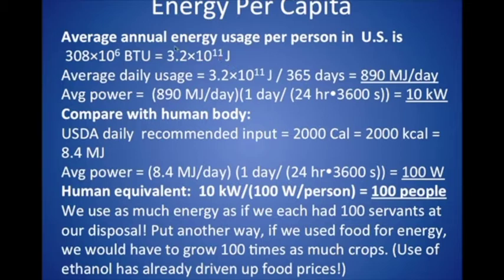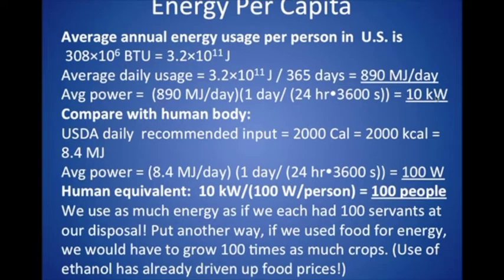It's just the total energy used per year divided by the number of people. Okay, that's not just in your house. So if we divide that by 365 days, that's 890 megajoules per day. If you work out how many seconds in a day, that works out to 10 kilowatts, or 10,000 joules per second.